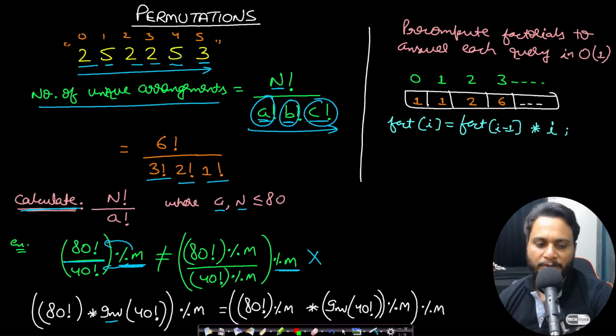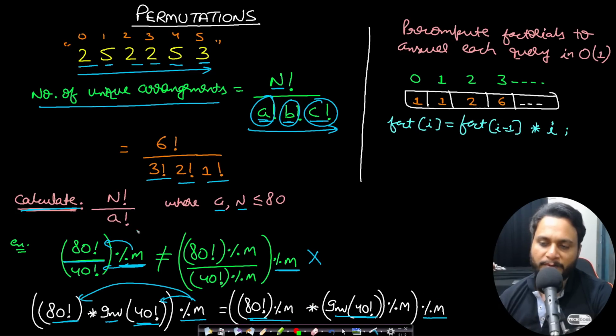That means 80 factorial multiplied by inverse of 40 factorial mod of m will be equal to, now you can push mod of m inside, and write 80 factorial mod of m so that you avoid overflow for each of these unique items as well, times inverse of 40 factorial mod of m, and multiply them and take whole mod of m, right? This way you can avoid the internal overflow conditions.